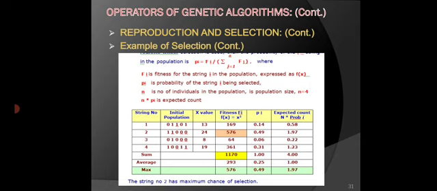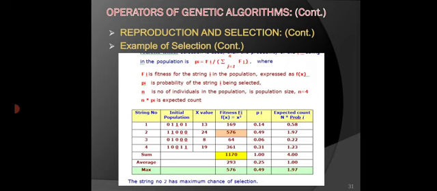So out of these results, what have we seen? Our function f(x) is a maximization function. So for which value of x do we get the maximum value of f(x)? For 24, which is string 2. So we get the result that string 2 has the maximum chance of being selected.